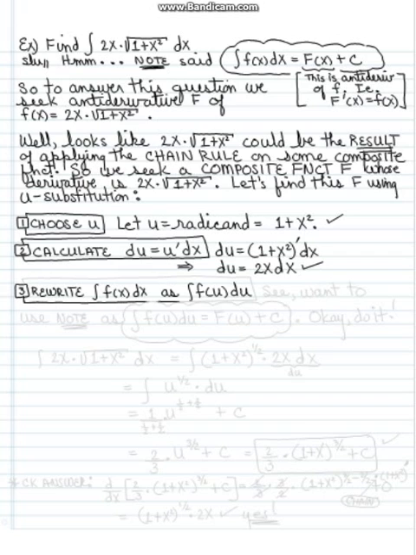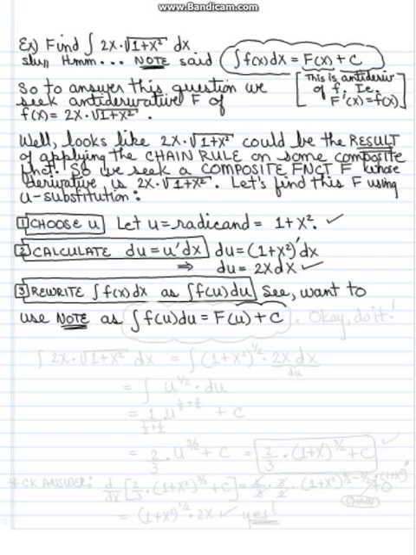You must have du at the end. See, what I want to do is use a slight modification of the note that we had on the top of this question, the Fundamental Theorem Part 2. The integral of f of u du is equal to capital F of u plus c, where capital F is the antiderivative of little f.